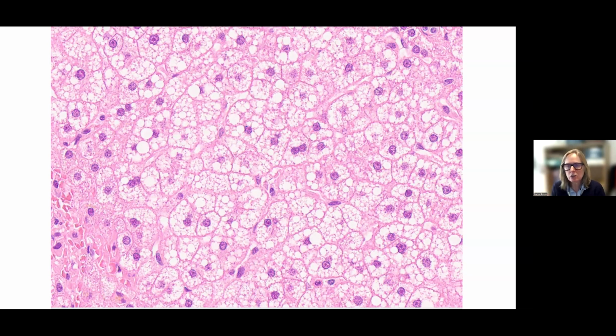So I tend to restrict my use of that term to that scenario. This, I'm pretty sure I would describe as small droplet macrovesicular steatosis. Some of the fat droplets are slightly bigger, but they quite clearly are fat droplets. So we've recognized that this is a steatosis, and that's what's giving rise to the pallor and presumably the yellow color grossly.